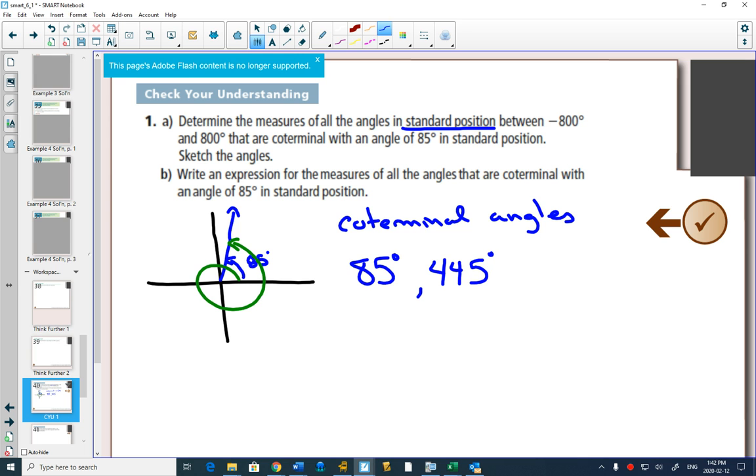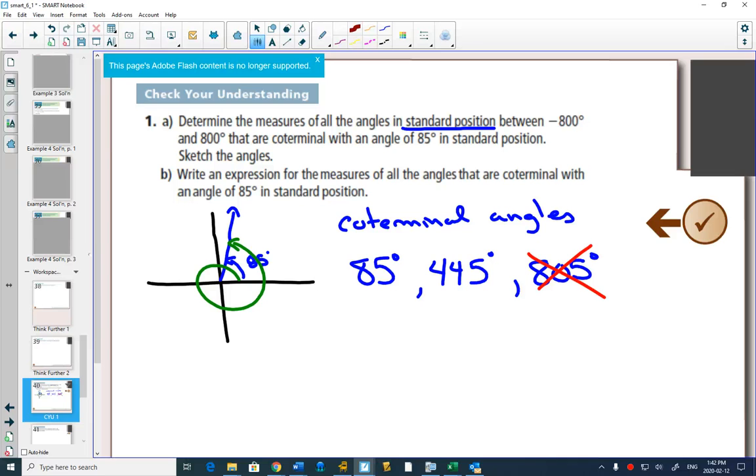If I add 360 again, that will get me to 805 degrees, but that's too far. Right? We're only supposed to go between negative 800 and 800.